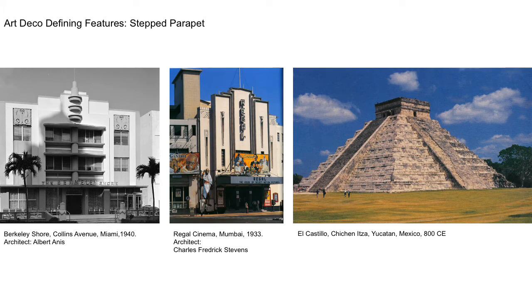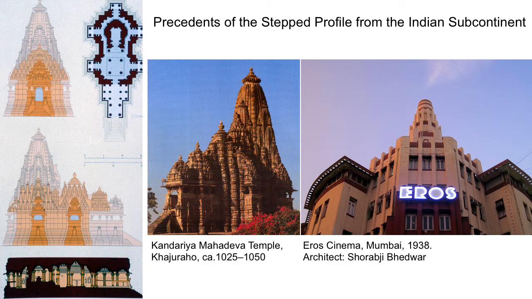The stepped parapet, you can see the resemblance here. We've talked about it in conversation with the ziggurats, but it also takes after the forms of the Mesoamericans. And here you could see how that stepped profile, that ziggurat form, is not only a ziggurat form. Precedents for that step profile also come from the incredible architecture of the Indian subcontinent.